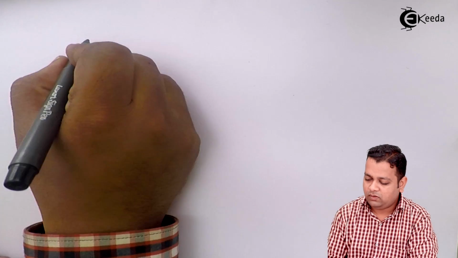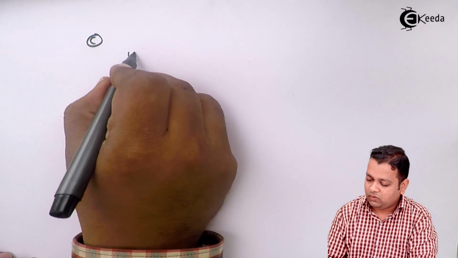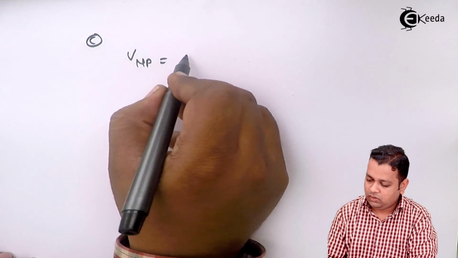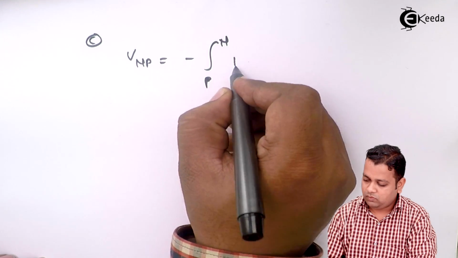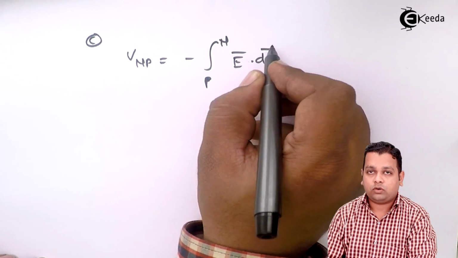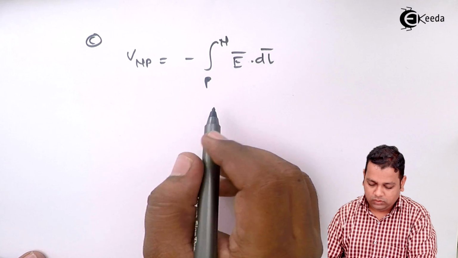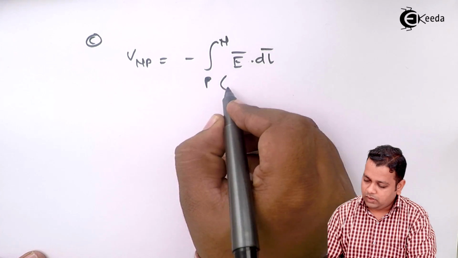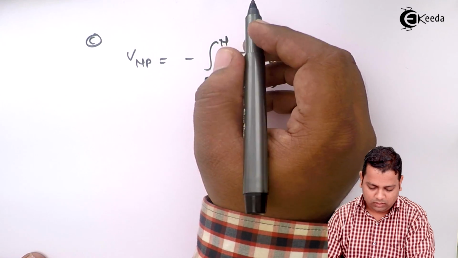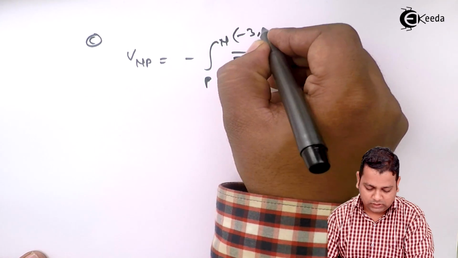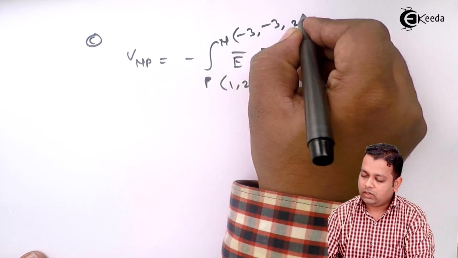So for part C, we have taken VNP is equal to minus integral from point P to N, E bar dot dl bar. We have the coordinates of point P to be 1, 2, minus 4 and coordinates of point N we have minus 3, minus 3 and 2.